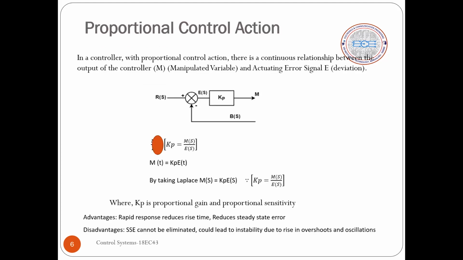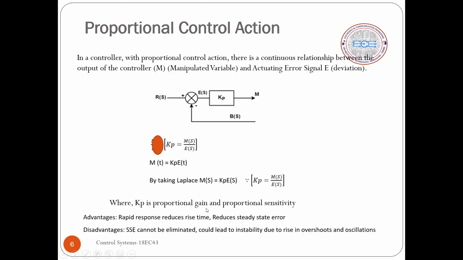Next we have the proportional controller. How does a proportional controller look? As we have seen, there should be an error detector block here. It takes the set point and the output, and compares them by performing subtraction, and an error signal will be generated. This error signal is passed through a block we call the proportional block, which has a gain of Kp. What is Kp?